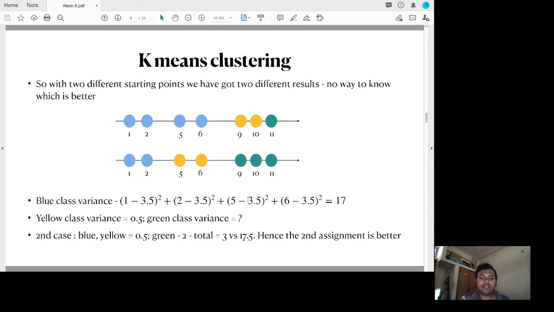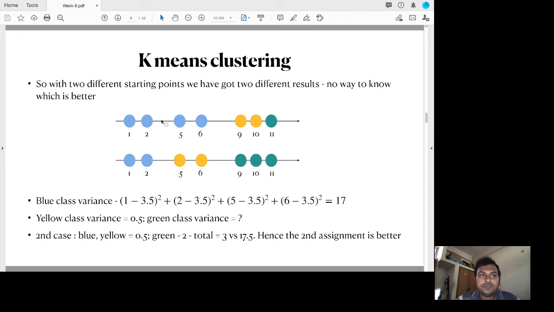It shows that the blue class variance is 17 in the top case, and that is an indicator of the fact that the maximum or minimum values in this particular cluster are much farther than the mean, and therefore this cluster is spread out over a larger space on the x-axis, and I don't want that.